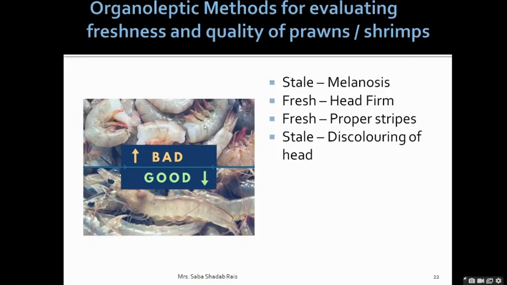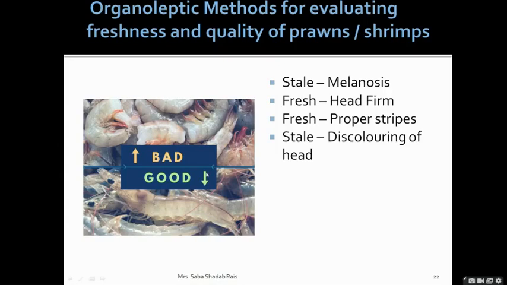The most prominent region in the prawn is the head, because lots of enzymatic and microbial degradation occurs. It causes changes within 3-4 days, and it causes discoloration in the flesh in the head as well as the collar meat. So discoloration of the head will occur.